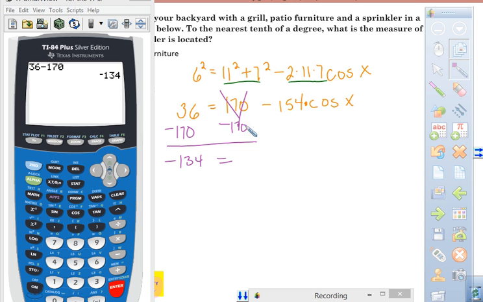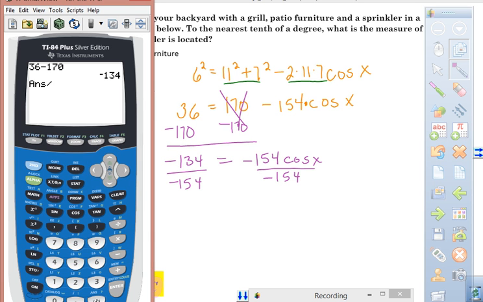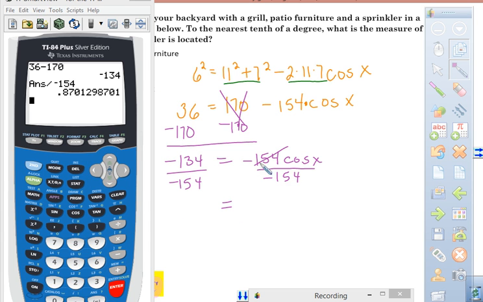So this part I just subtracted off, so I get negative 154 times the cosine of x. So now my next step is to divide by negative 154. And that will cancel off the 154. So then I have the cosine of x is equal to that decimal number.